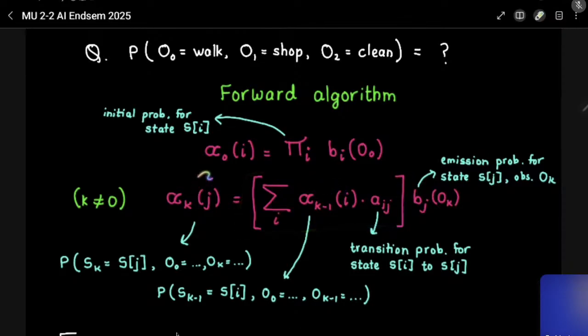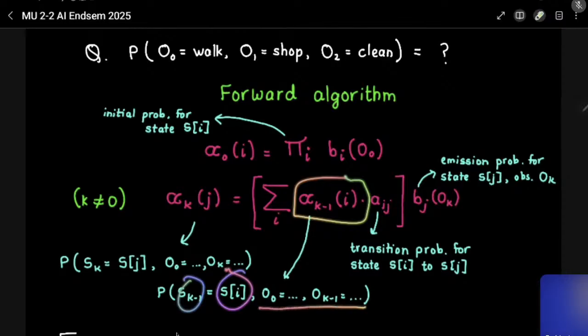So now that you've understood what alpha kj is, I don't have to tell what alpha k minus 1, i is. It is nothing but the probability that at time k minus 1, the state was the ith element of the set of states, and then you have all the observations until time k minus 1. And you know what Aij is.